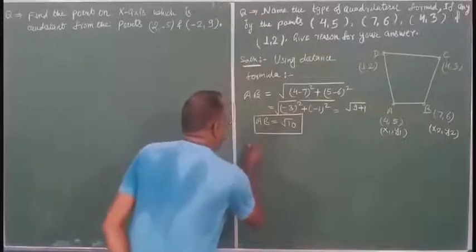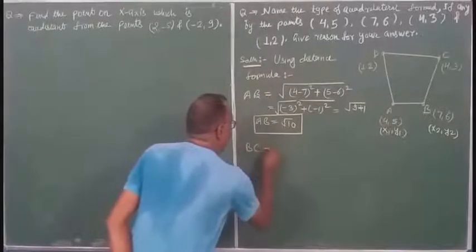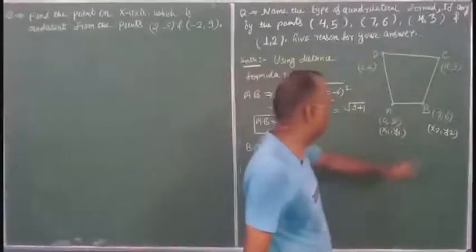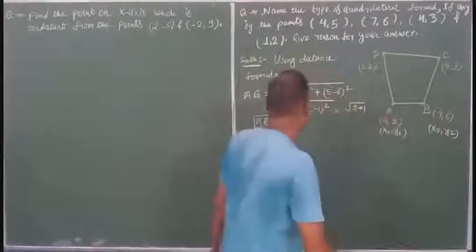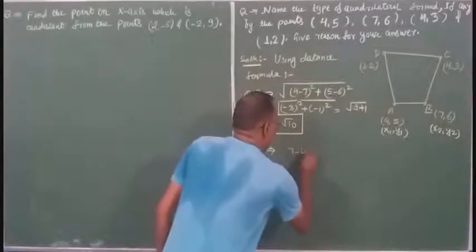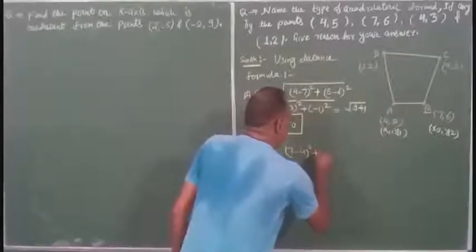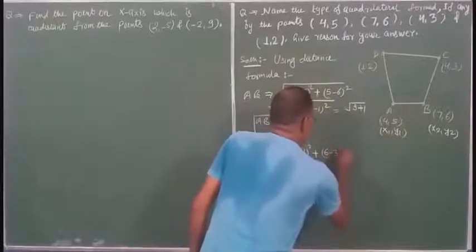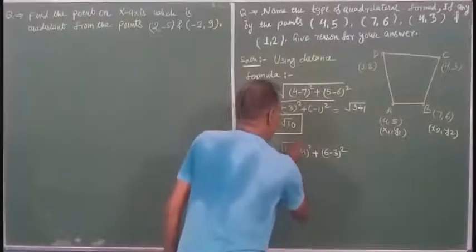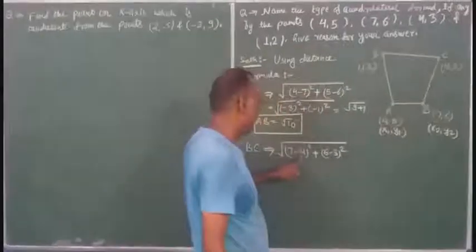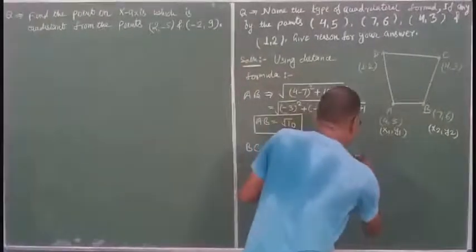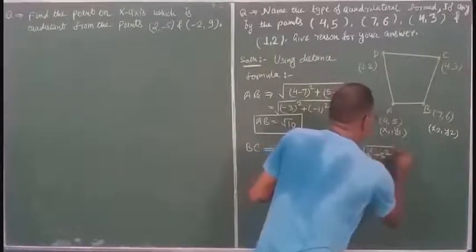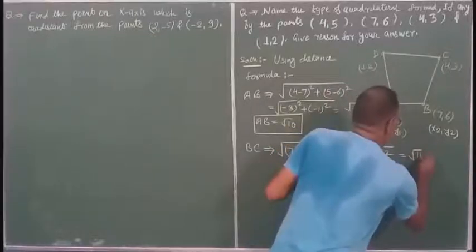Similarly, the length of BC will be 7 minus 4 whole square plus 6 minus 3 whole square. So 7 minus 4 is 3 square, 3 square plus 3 square, that is under root 18.